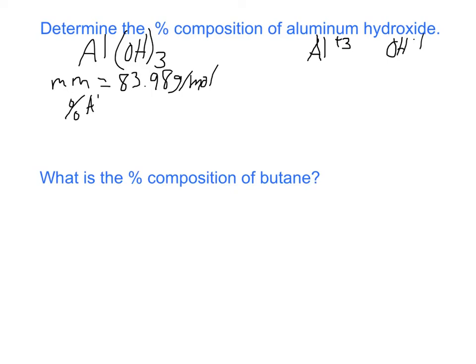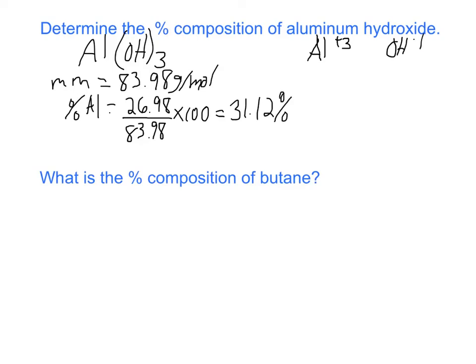Aluminum would be 26.98 divided by 83.98, times 100, and it turns out to be 31.12% by mass aluminum.